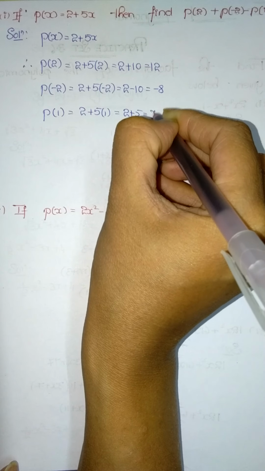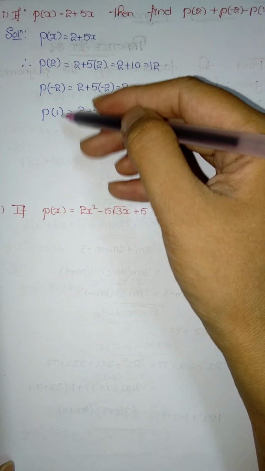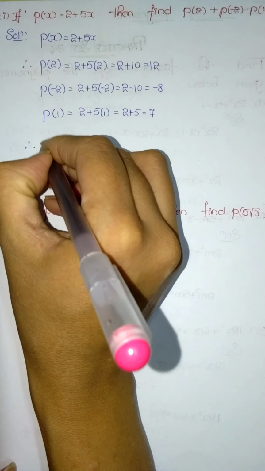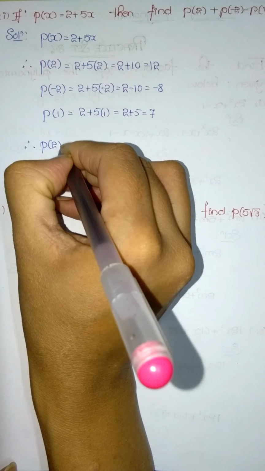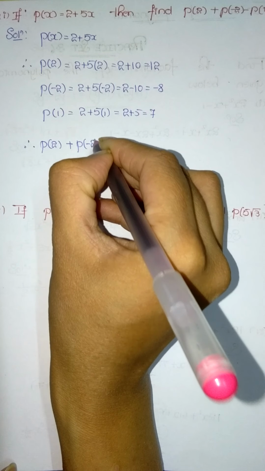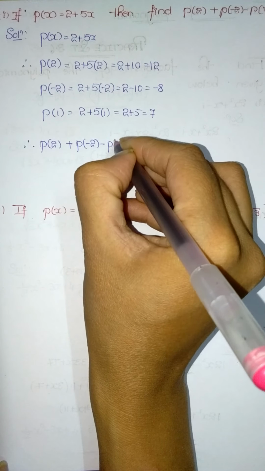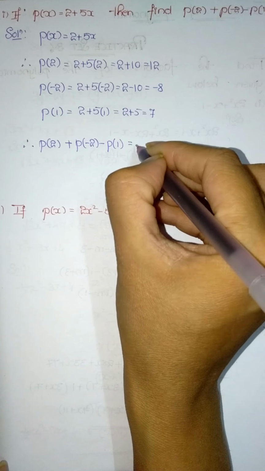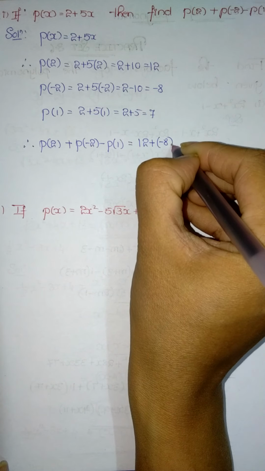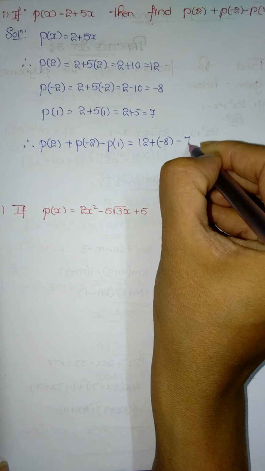So the values of p of 2, p of minus 2 and p of 1 are known. Therefore p of 2 plus p of minus 2 minus p of 1 is equal to 12 plus minus 8 minus 7.